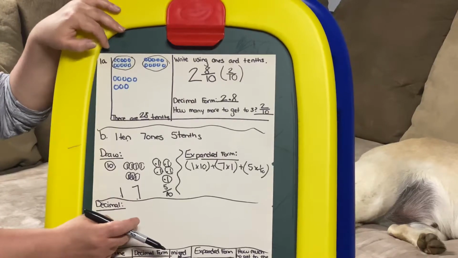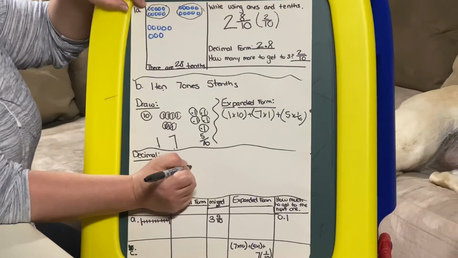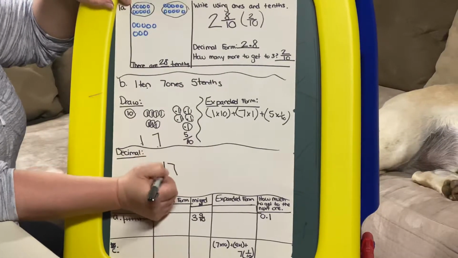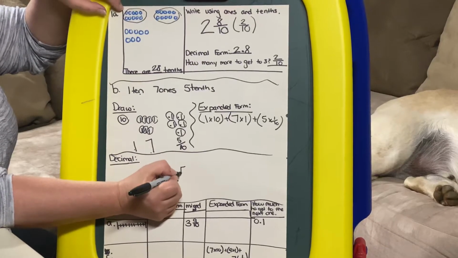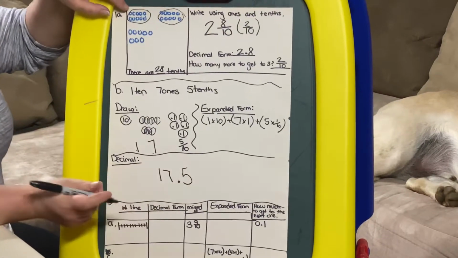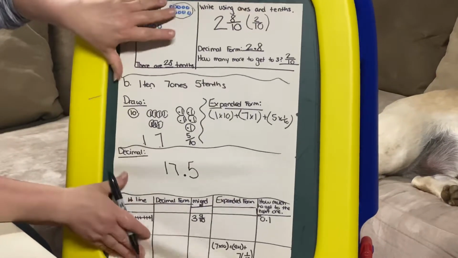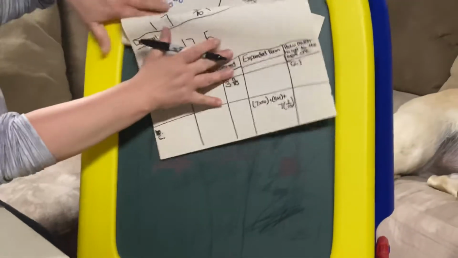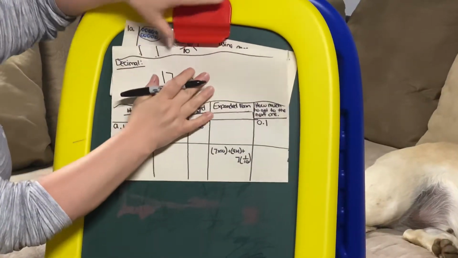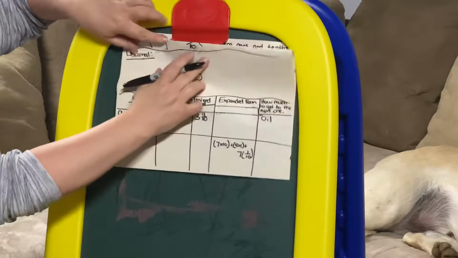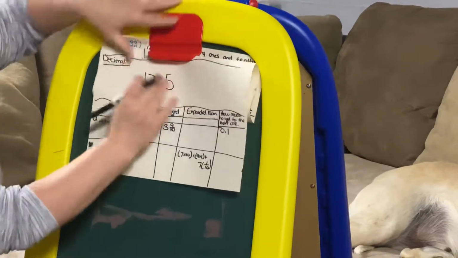If I need to write this as a decimal, down here, I'm going to take 17, my whole number, my decimal point, and bring down my 5 for the 5 tenths. Now, this next part down here gets a little different, so I'm actually going to move this up a little bit so we can see it better.